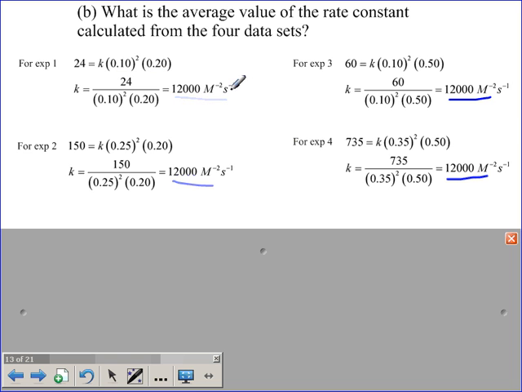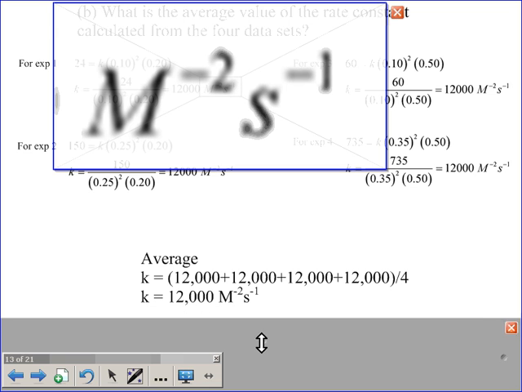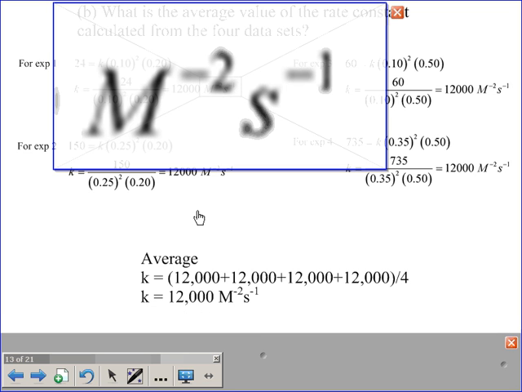Since this is third order overall, I know that this is to the second power and to the first power, so adding those up, I get the third order overall. That tells me what my units ought to be. So the average of 4 identical numbers happens to be the number.